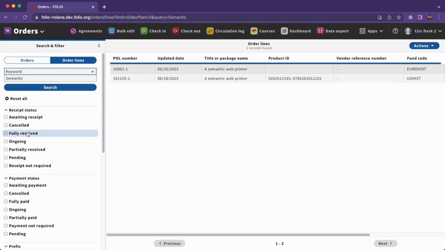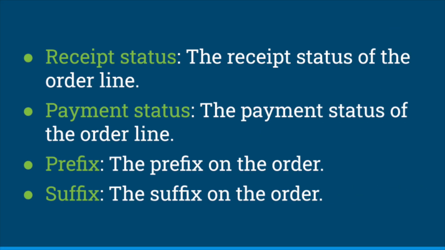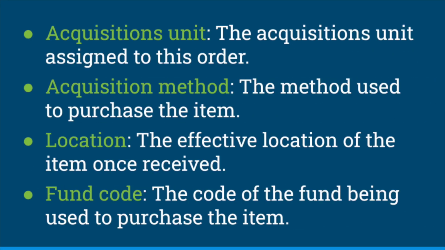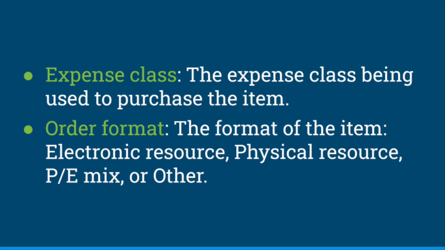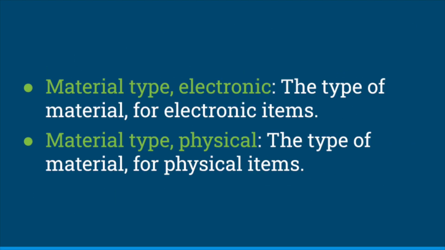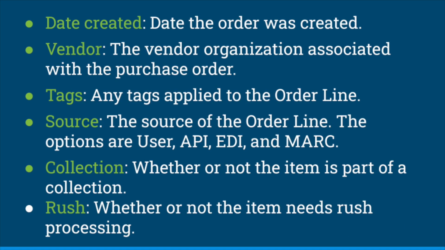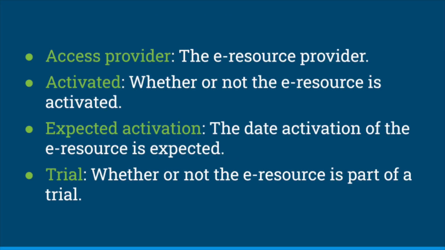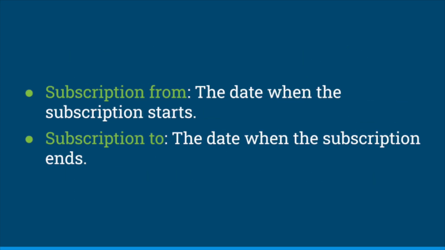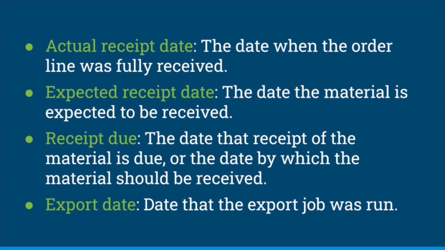You can apply filters after searching to further limit your results, but you can also use the filters independent of searching. Using filters, we can bring up order lines by receipt status, payment status, prefix, suffix, acquisitions unit, acquisition method, location, fund code, expense class, order format, material type electronic, material type physical, date created, vendor, tags, source, collection, rush, access provider, activated, expected activation, trial, subscription from, subscription to, actual receipt date, expected receipt date, receipt due, and export date.